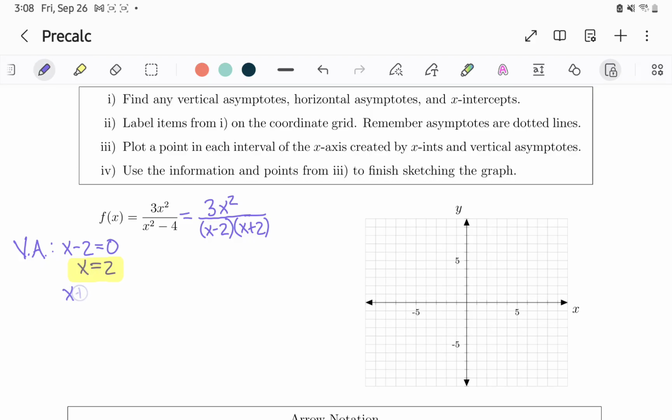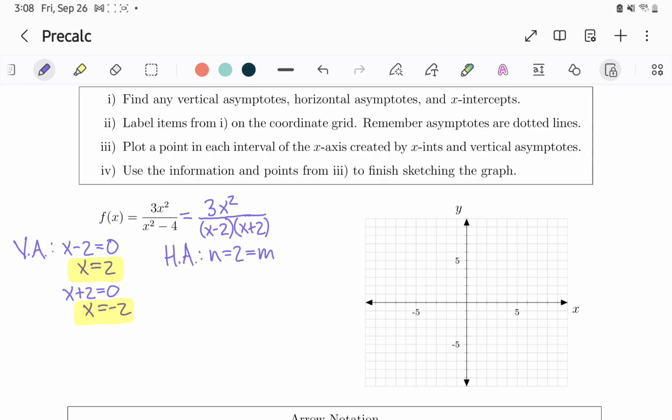And then for our other one, set the other factor equal to 0, solve for x, and we get the equation for our other vertical asymptote, x equals negative 2. And then for our horizontal asymptotes, here we have that the degree of the polynomial in the numerator, call that n, is equal to 2, and the degree of the polynomial in the denominator is also equal to 2, and we'll call that m.